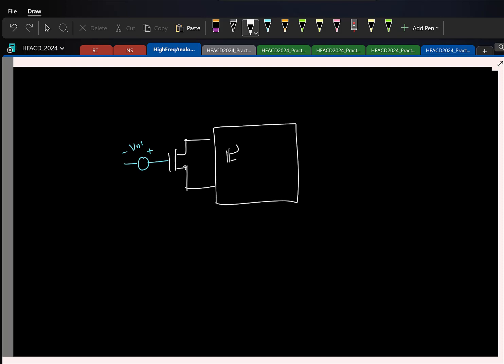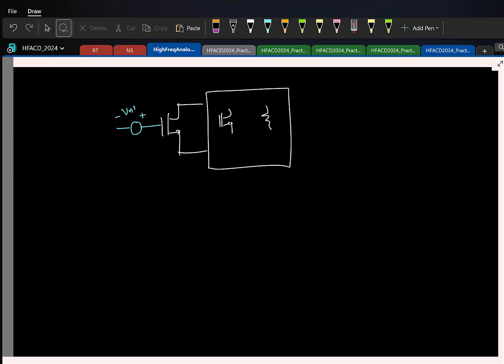It has a bunch of transistors and resistors inside, right? So now the idea is you want to find the input referred noise for this overall circuit, right? So what we'll do is the following: we'll short the input, right, and then find the short circuit noise current, and then our model will be this, the same network.